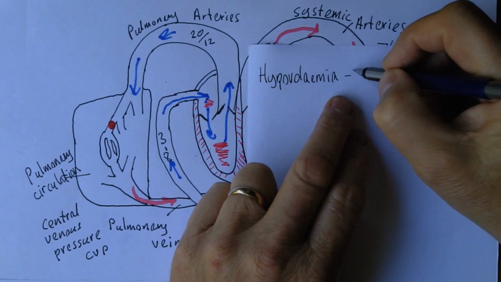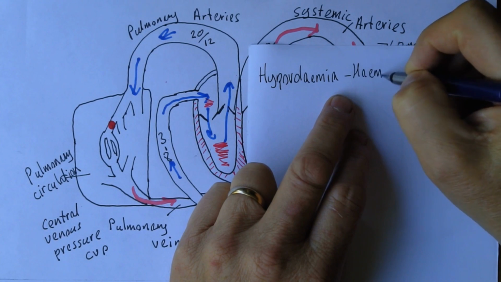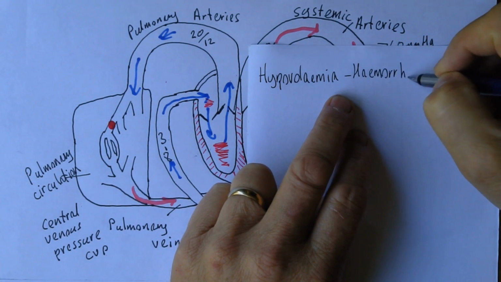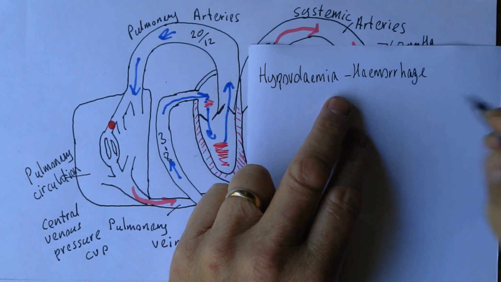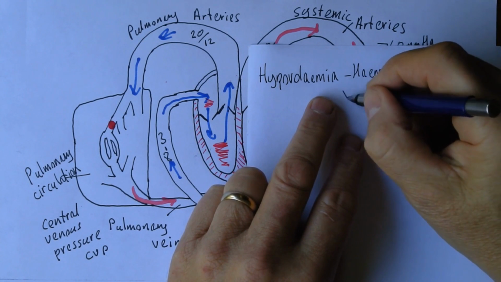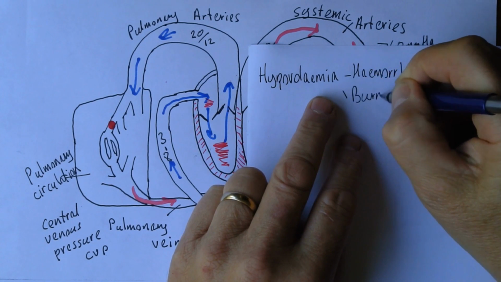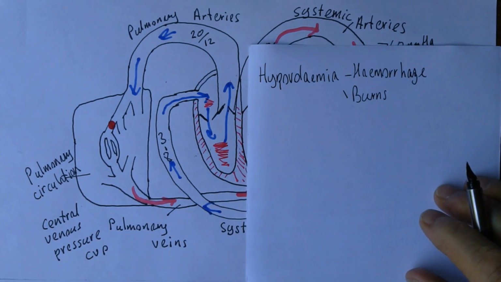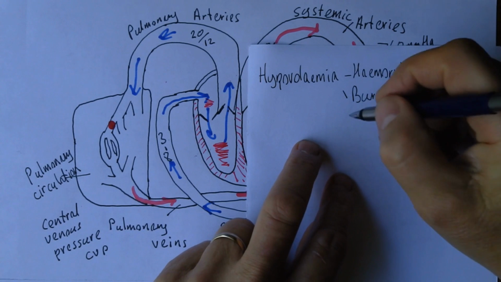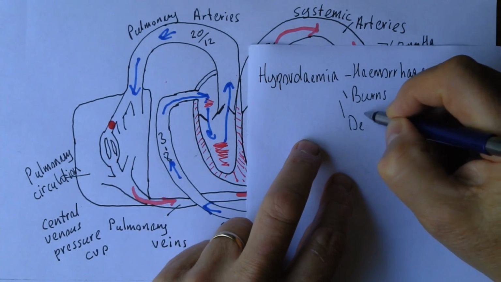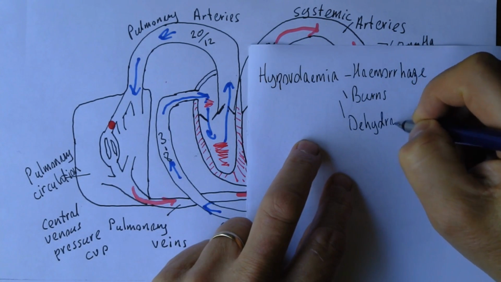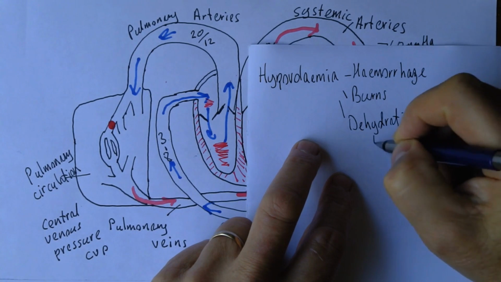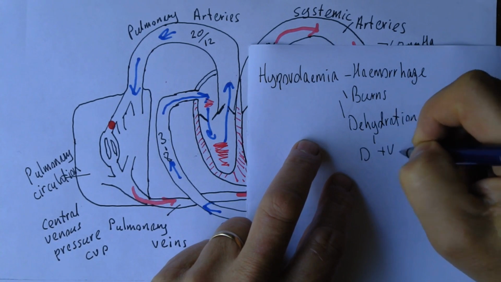So for example, after hemorrhage, the blood volumes can drop. Or after burns patients can lose an awful lot of fluids. Or dehydration, possibly caused by diarrhea and vomiting, for example.